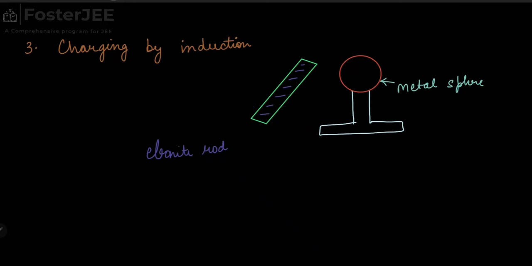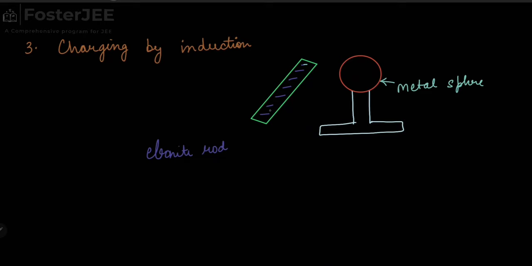Now as we can see, we have taken this rod closer to this, due to the fact that like charges repel each other and unlike charges attract each other. So initially all the electrons and protons on this metal sphere were distributed all over the surface.